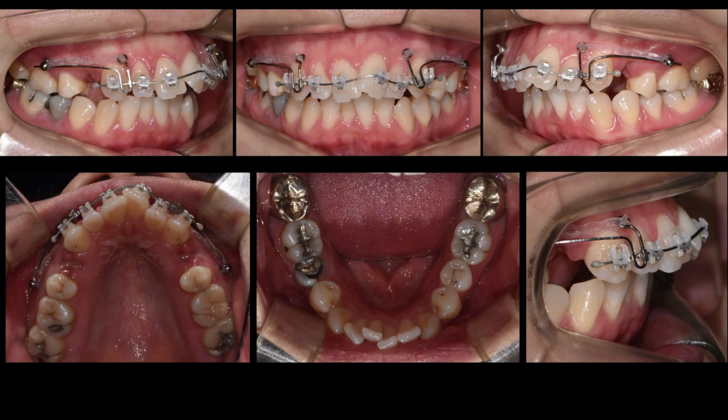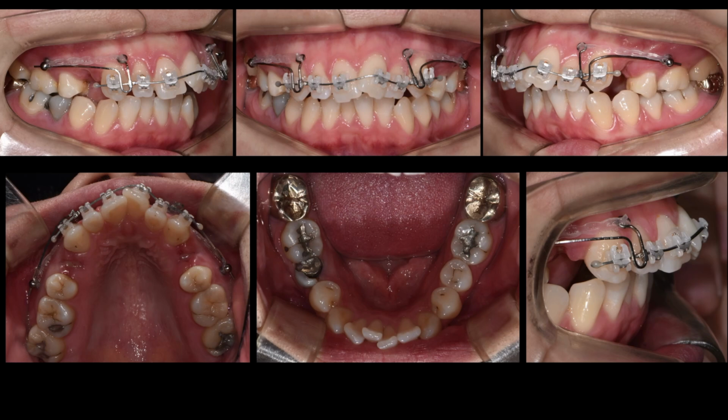Is there a sample around here? So nitinol wire usually, I don't know the nitinol wire size of this patient. I don't have any information. Maybe 16 by 22.